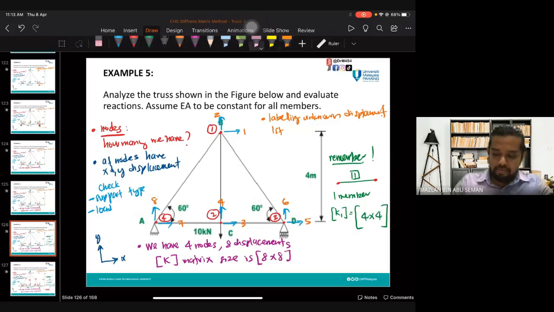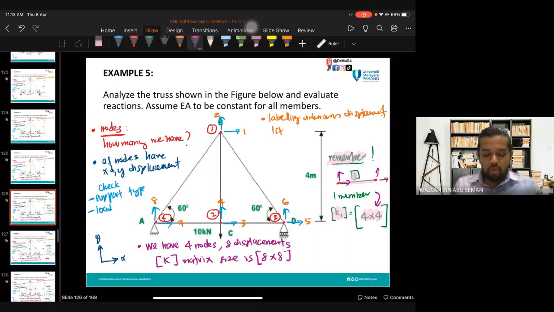Then remember, for one member with the symbol small k, the size of that matrix is 4 times 4, because for one member we have X, Y displacement at each end, that's 4 displacements. That means the size of that matrix is 4 times 4.